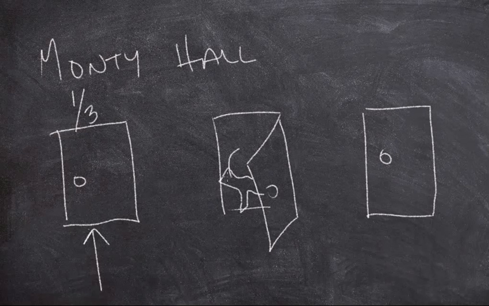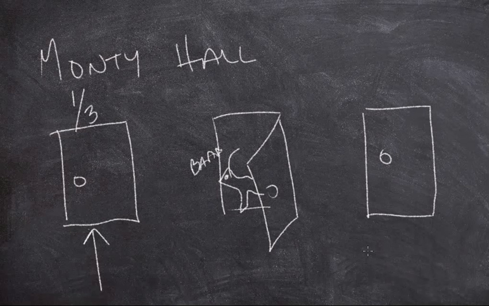So here's a goat. They open one of the doors, and there's a goat behind it. After they open that door, they then ask the contestant, do you want to change your mind? Do you want to instead choose the other door?